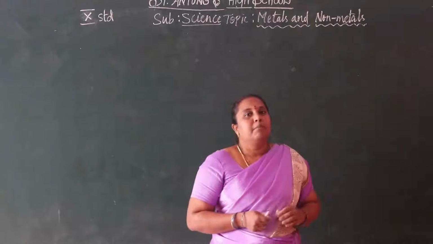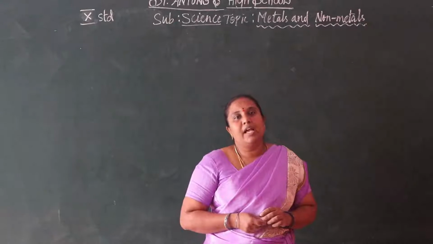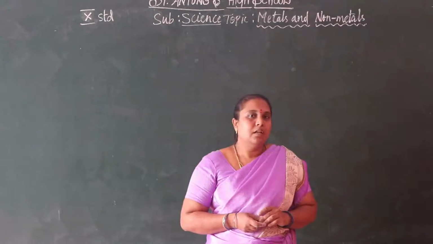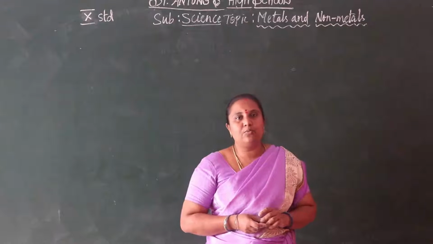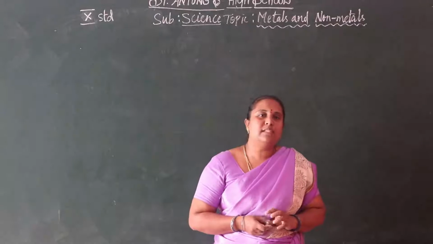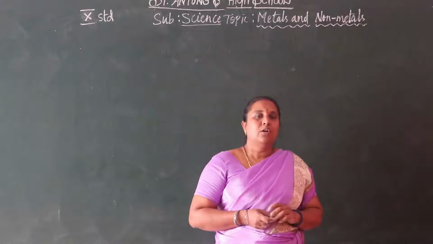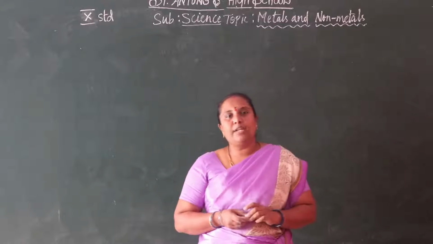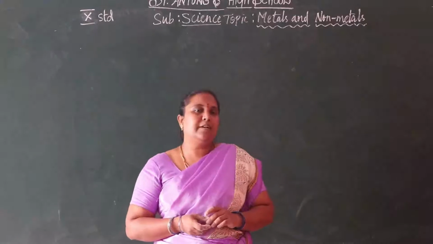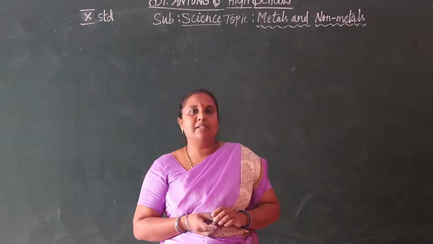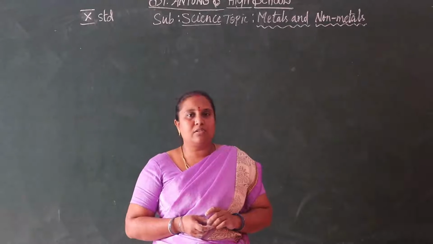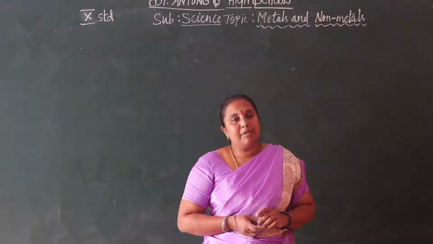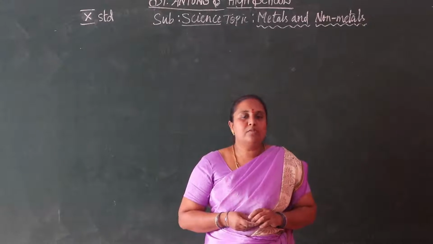First we see elements. Elements which are present on earth. So many elements are present. You know the symbols of elements also. We have a periodic table, and based on that periodic table you know the elements, the symbols of the elements, and the symbols of compounds also.